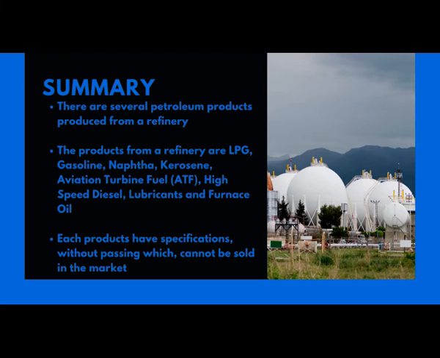But today we have tried to understand the different kinds of products that come from a refinery. The basic products are LPG, gasoline, naphtha, kerosene, aviation turbine fuel, high speed diesel, lubricants, furnace oil and asphalt. These are all the key products that come from a refinery.